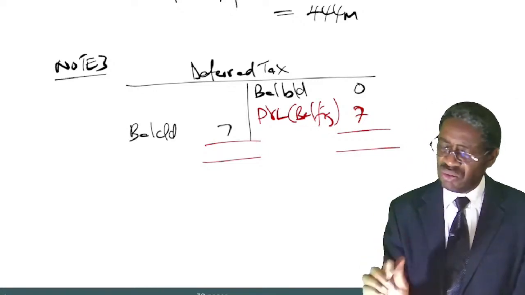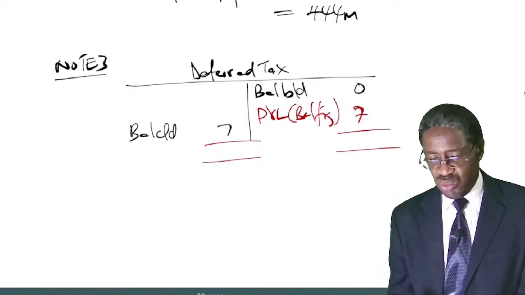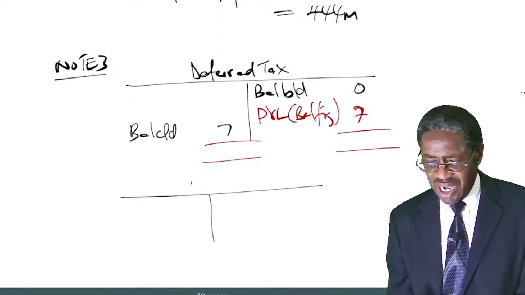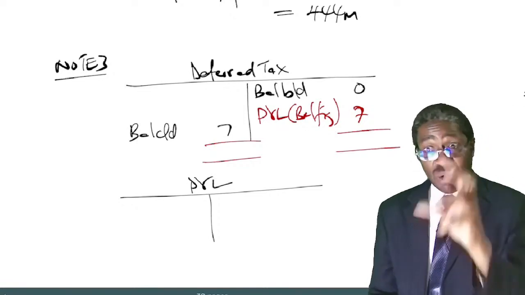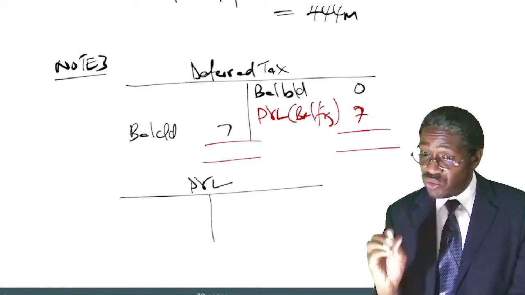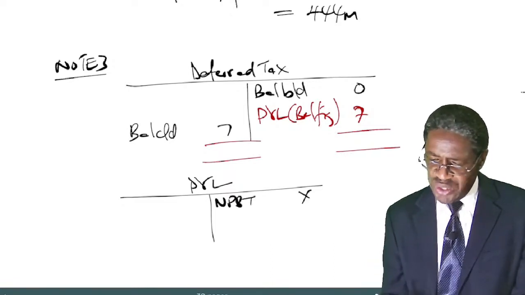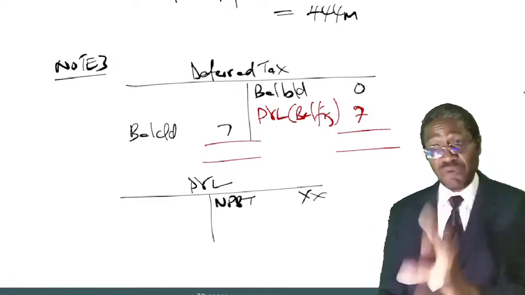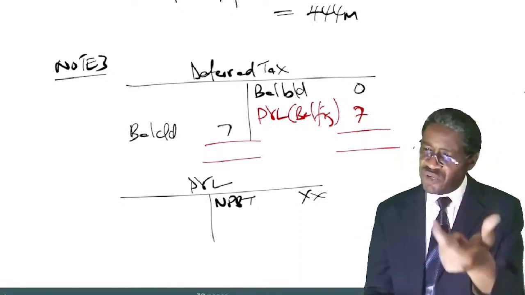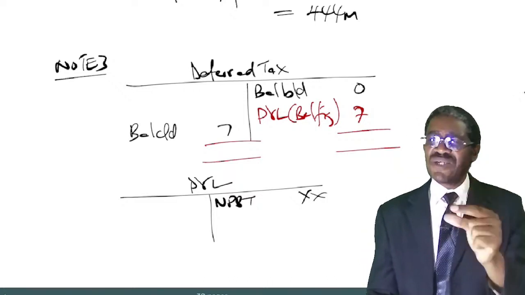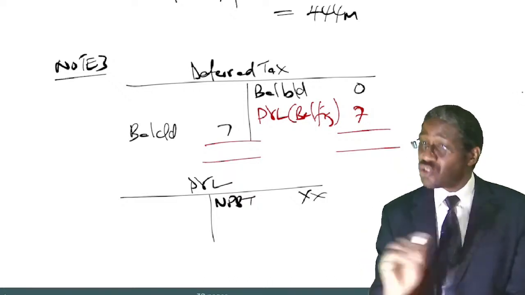Just to remind you, don't write the following. If you look at the P&L account in a T format, normally net profit before tax is always a credit. From that profit, your company normally pays corporation tax, or what we call current tax.